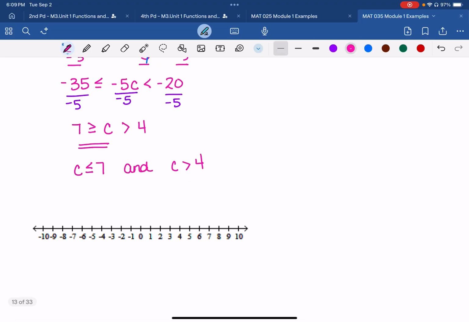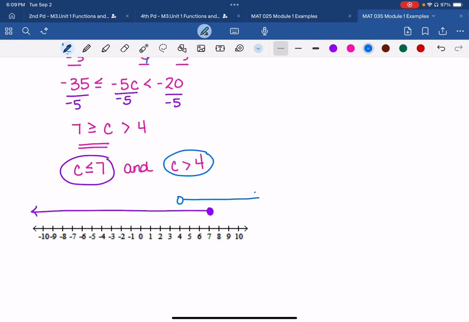So on my graph, what's happening here is I've got a closed circle here at 7. And we're going all the values that are less than 7. And then I've got an open circle on 4. And I've got all the values that are greater than 4.